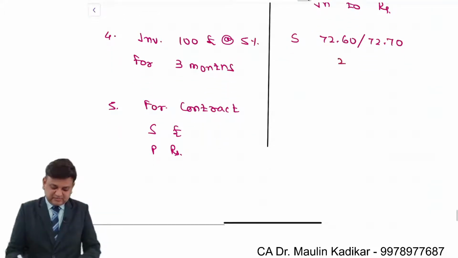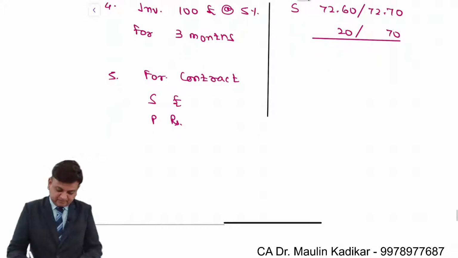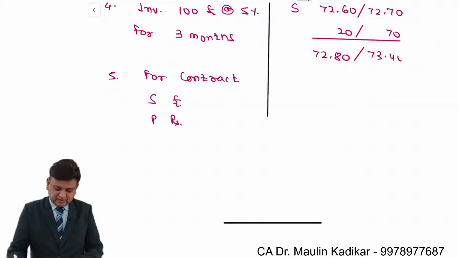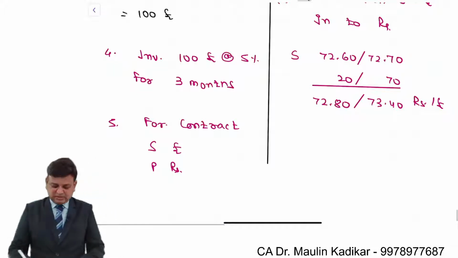Forward points are 20 and 70. So they are added to the spot exchange rate to compute the forward exchange rate. 72.80 slash 73.40 rupees per pound. This is what we understand as the forward exchange rate.